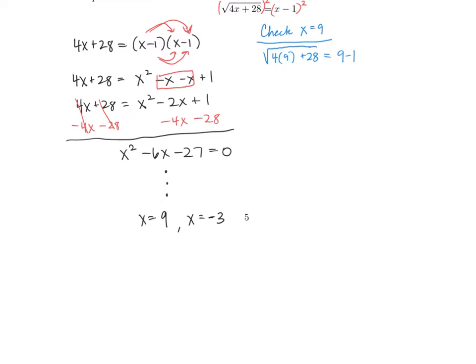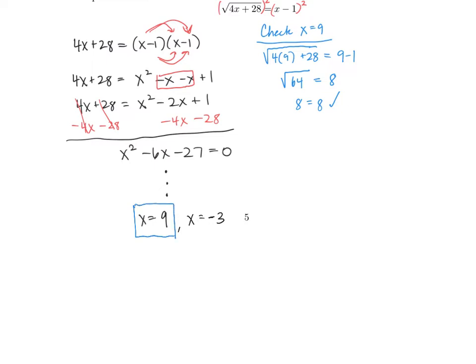All right, so 4 times 9, that's 36. And then plus 28, that gives you 64. So the square root of 64 is equal to 8. 8 equals 8. Well, that's a true statement. So 9 is an answer. So I'm going to go ahead and box that one in.